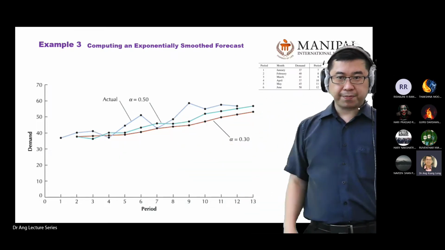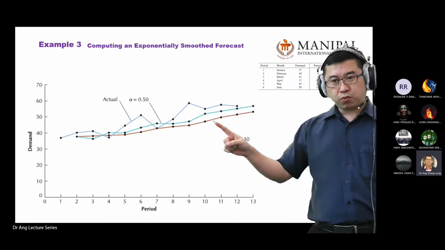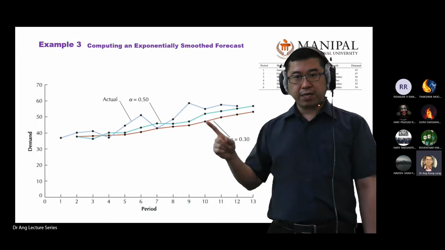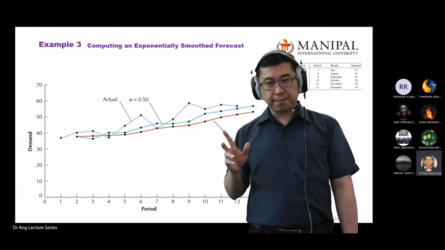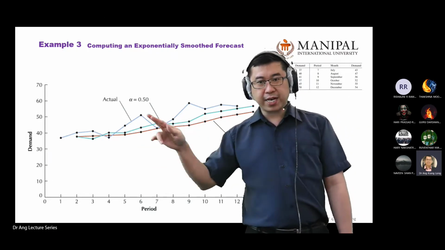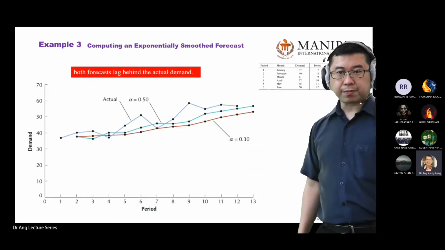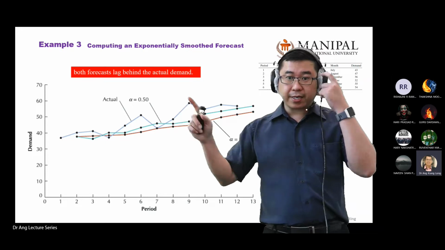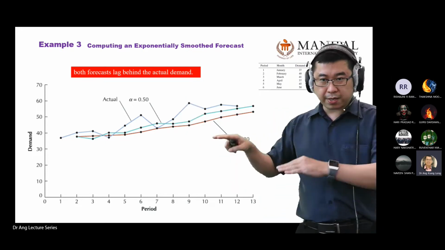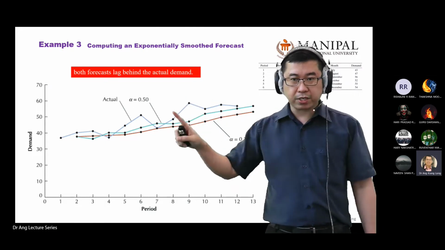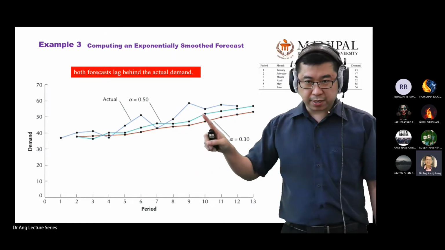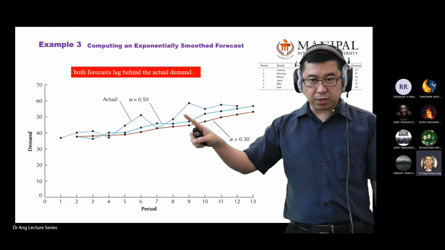It's moving up. So the two constant values that you use are projecting the same trend. It's only smoothing out the raw data. Both are behind the actual demand, going way below most of the actual points. You see these two lines are basically below the actual data.